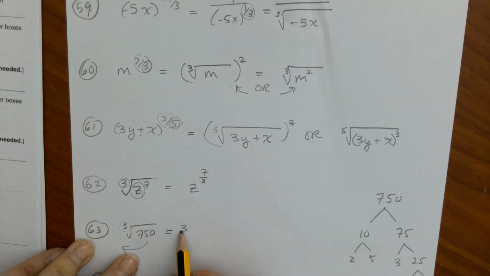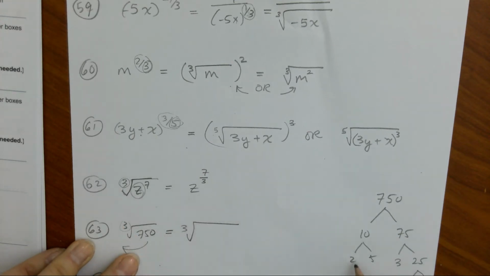So I'm just going to rewrite this. That's the same as 2 times, I have 3 5s, and I have 1 3. Anything that has a group of 3 I can take out. So this 5 has a group of 3, so I can take it out.